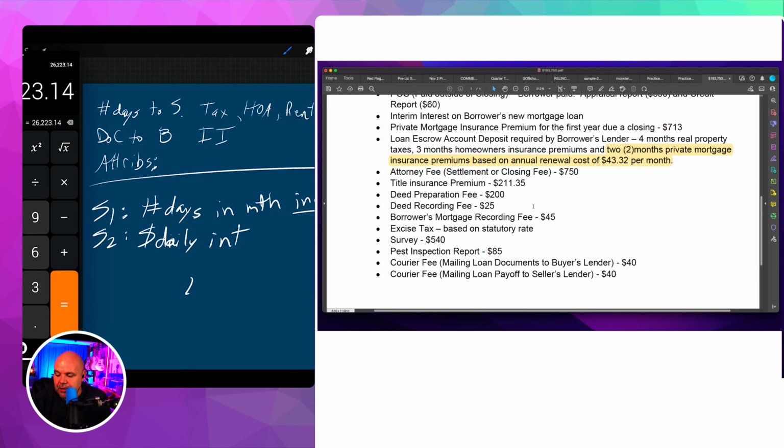And to do that, we use loan amount times interest rate to get annual interest, and then take that divided by 360. And then step 3 is multiplying step 1 and step 2 together. And then the entry itself would be a debit buyer.